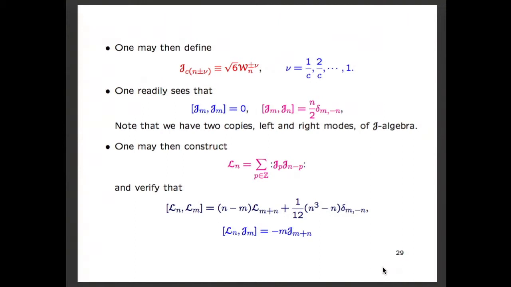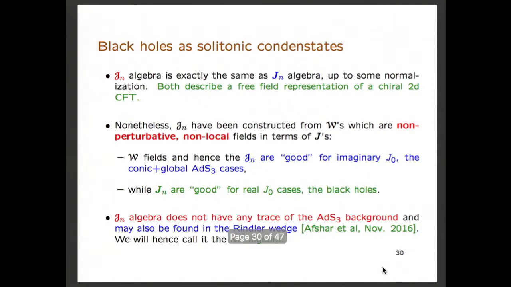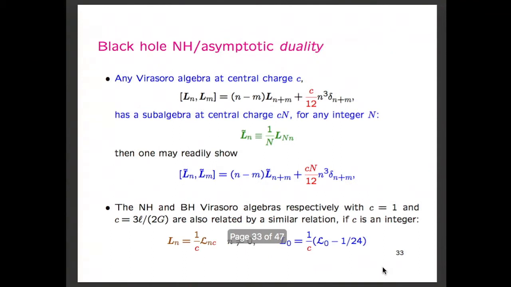Each W with a given nu is a single field of central charge 1. It's a bosonic field. And then, going back, I have two different descriptions for the same set of states. It's very natural to equate them. And that's what I did here.